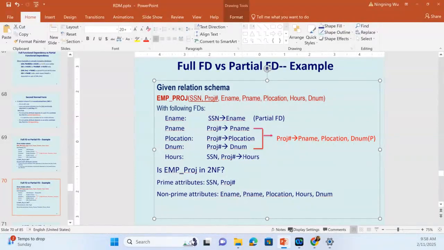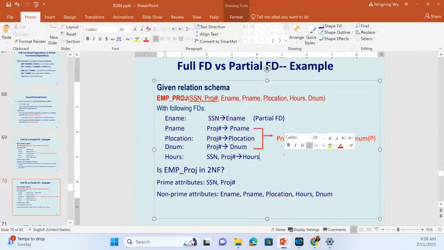Then the last one, hours. So we have hours is dependent on the essn and the project number together. So hours is a non-prime attribute. This functional dependency shows that hours is dependent on the entire key, the whole key. So this will be considered a full functional dependency.